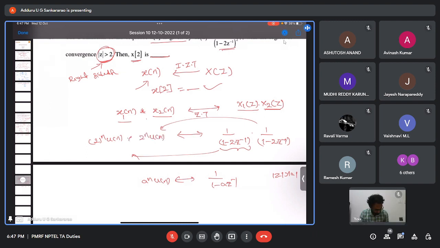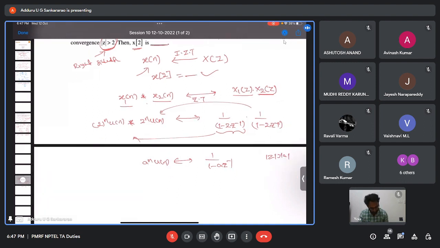There is a convolution between them. This is actually our x of n.